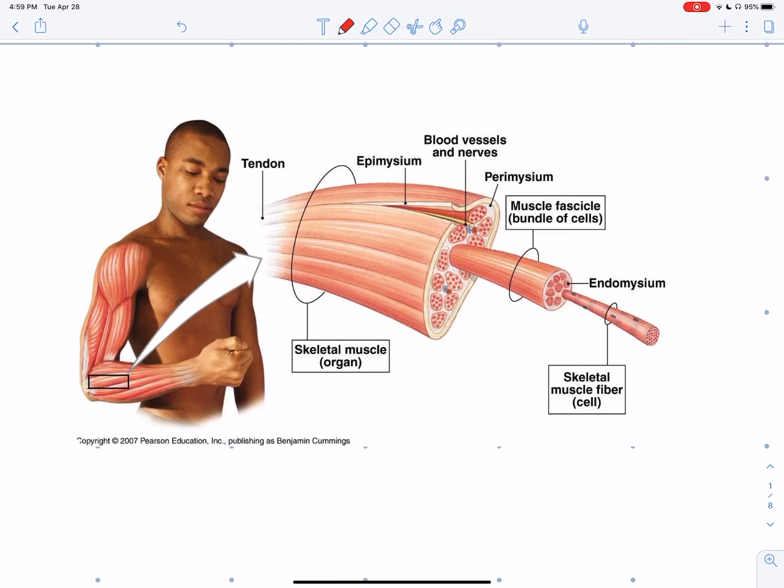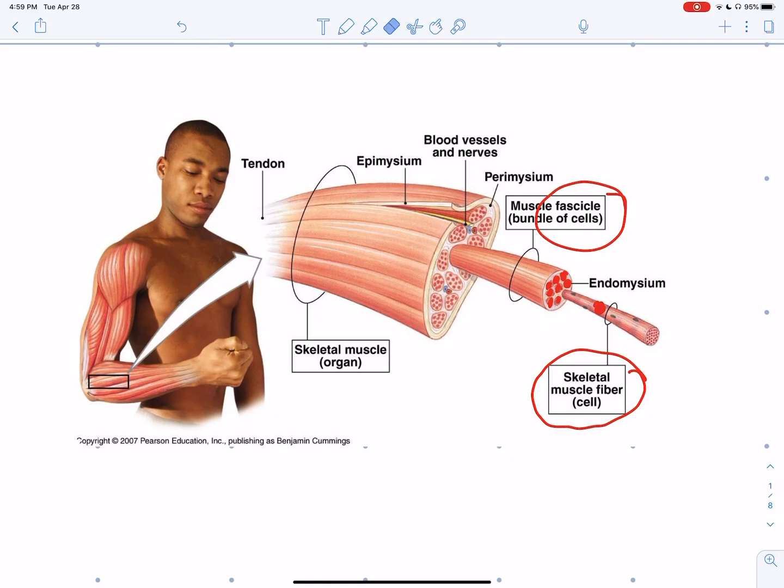Now, if we look inside this fascicle here, you're going to notice again the same design that the fascicles make up the muscle belly. Now we're looking at skeletal muscle fibers making up the fascicle. So here we have 1 muscle fiber, 2 muscle fibers, 3 muscle fibers, 4, 5, 6, 7, 8, 9.